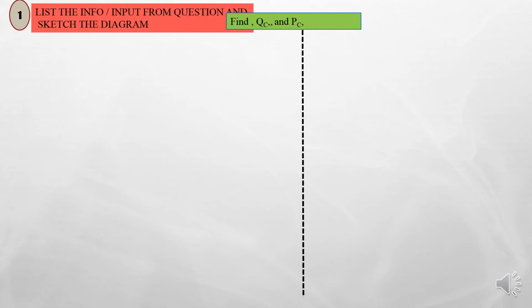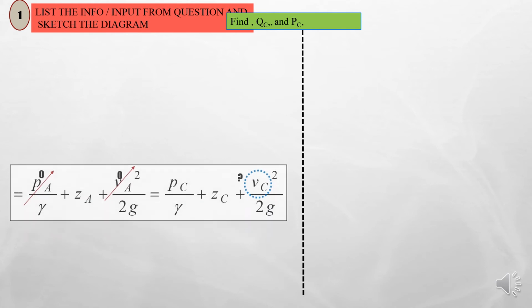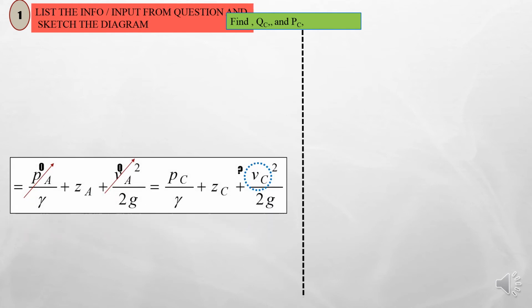Now we proceed with point C, where you need to get the QC and PC. It's the same procedure as we did before, in which the first thing is you have to sketch and list down the information. First of all, we know that you have to use between A and C, and PA equals 0 and VA equals 0. Of course, you have to determine the VC first.